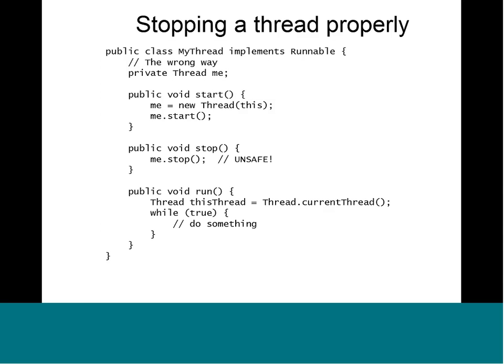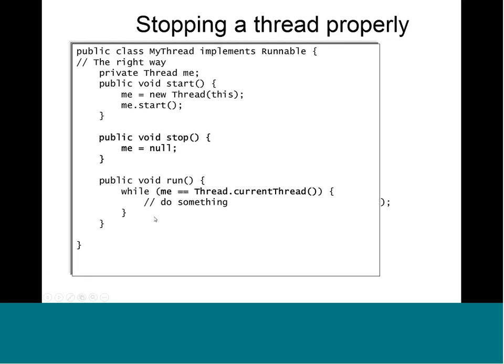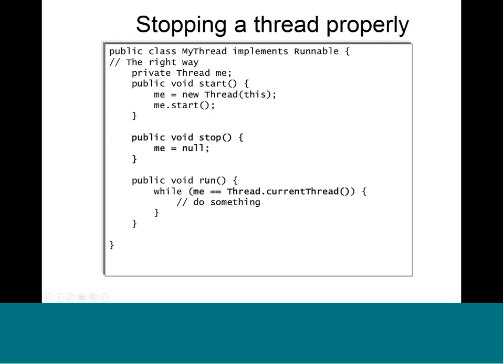In the other part, we said this in two separate statements; we put that in one statement. When we say me equals Thread.currentThread, am I the one that is actively running at this time? That's a static method that you can use for that reference.